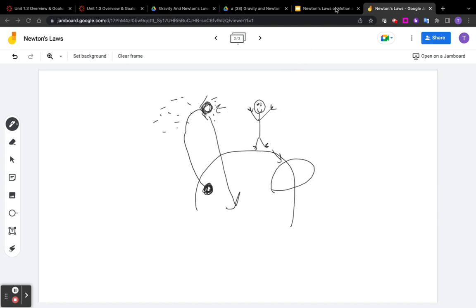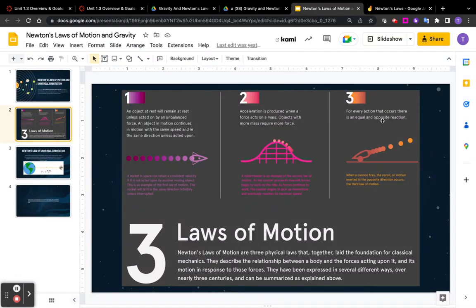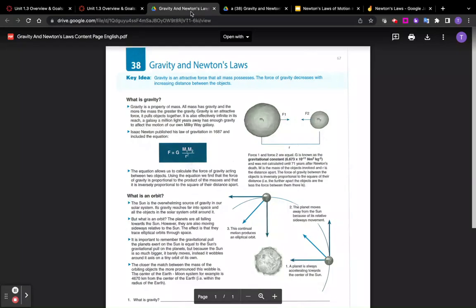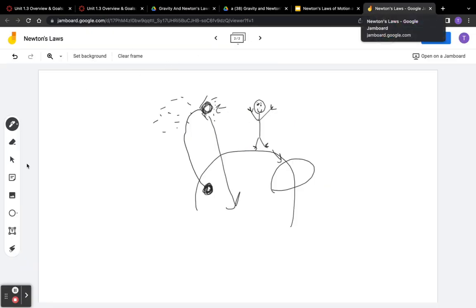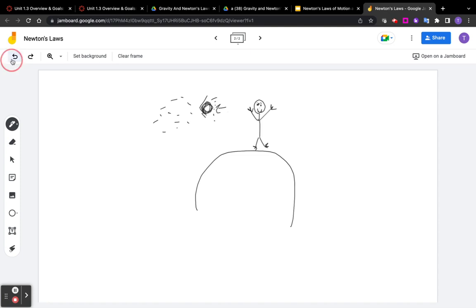Now the third law says that for every action that occurs, there is an equal and opposite reaction. Let's go back to space. Let's say you're in space again, and you're going to throw that ball. Well, we missed something when we threw that ball. If you're truly in space, and you're not stuck down on the ground, you're not using your muscles to push against your throw, when you throw that ball, and it goes that way, from that force, there is an equal and opposite reaction.